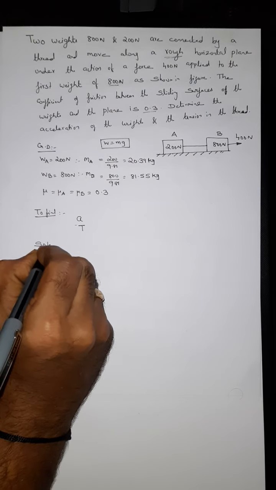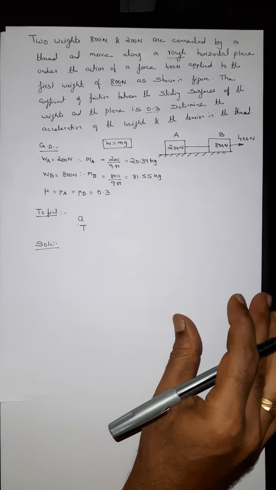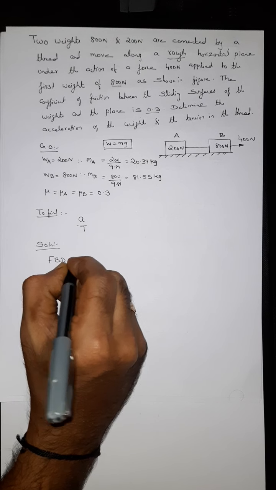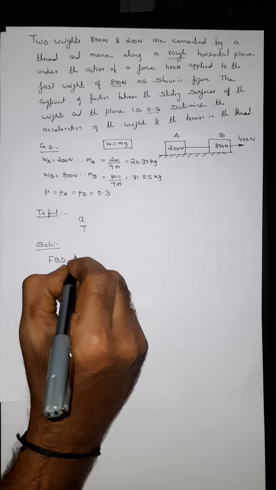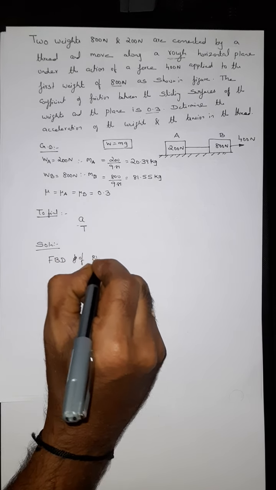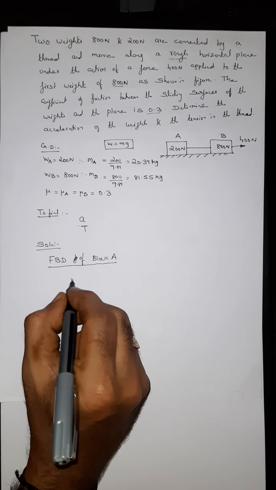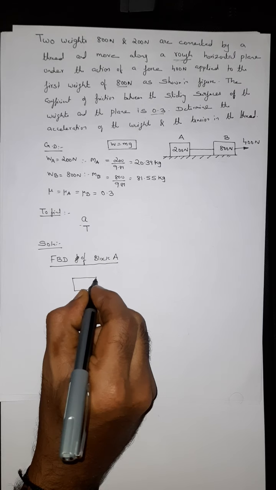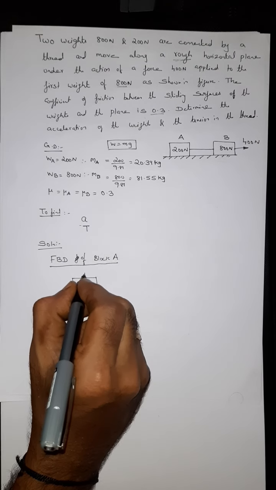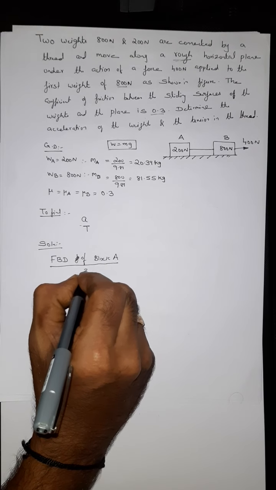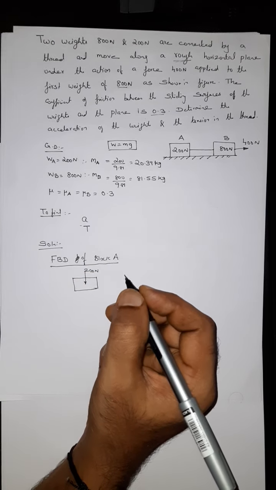Solution. FBD of block A. The weight acts vertically downwards of magnitude 200 Newton.